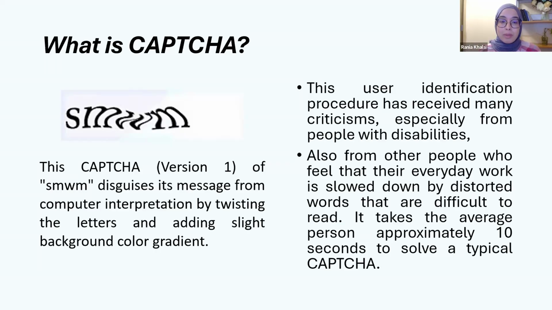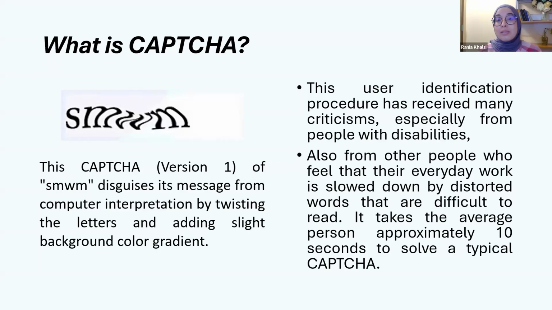We all maybe experienced this with the captcha. They also criticize it because if someone is using it all the time in their everyday work, it's going to slow things down by having to read distorted text each time. On average it takes about 10 seconds for a person to solve a typical captcha.